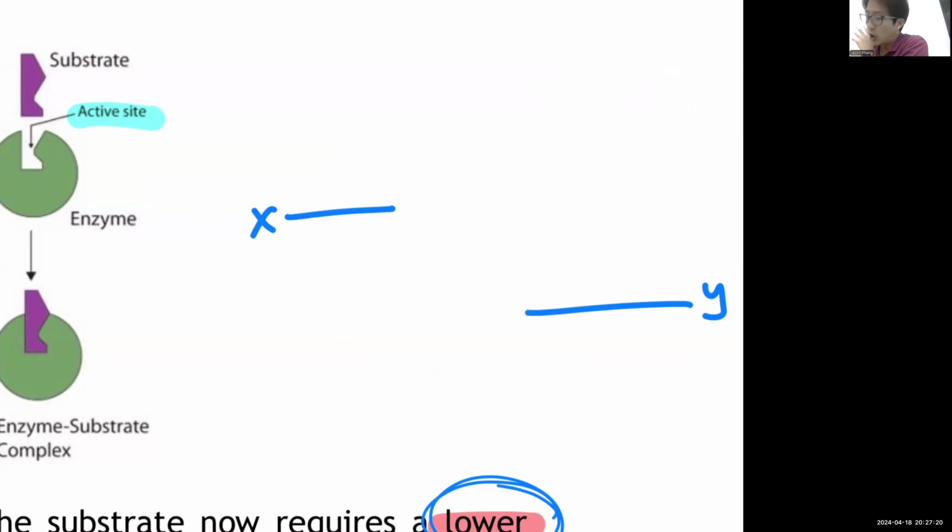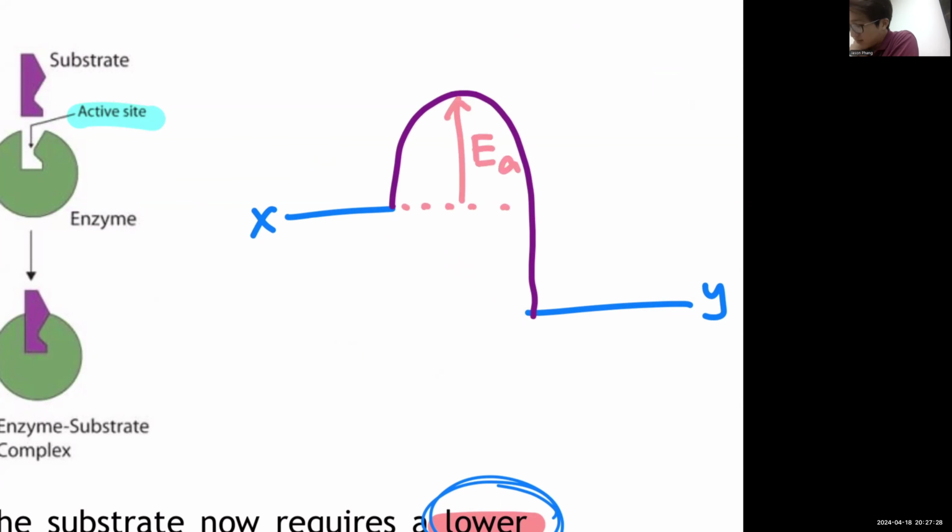So chemical reactions always have this hill. This hill represents the amount of energy required. Do you understand this graphic first? You want to go from point X to point Y, but you must unfortunately climb a hill first to get to point Y.